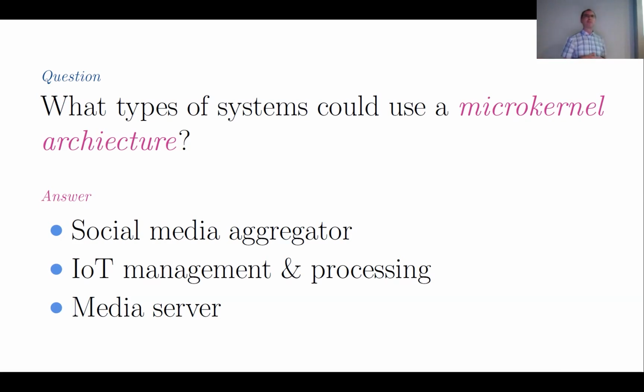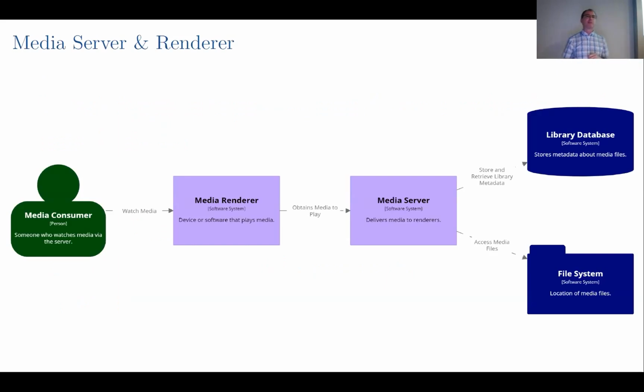And a media server would be another example. We don't have time, but there is in the slides an example working our way through a microkernel architecture for a media server. I stole the architectures from Plex and Kodi and merged them together to come up with the example.